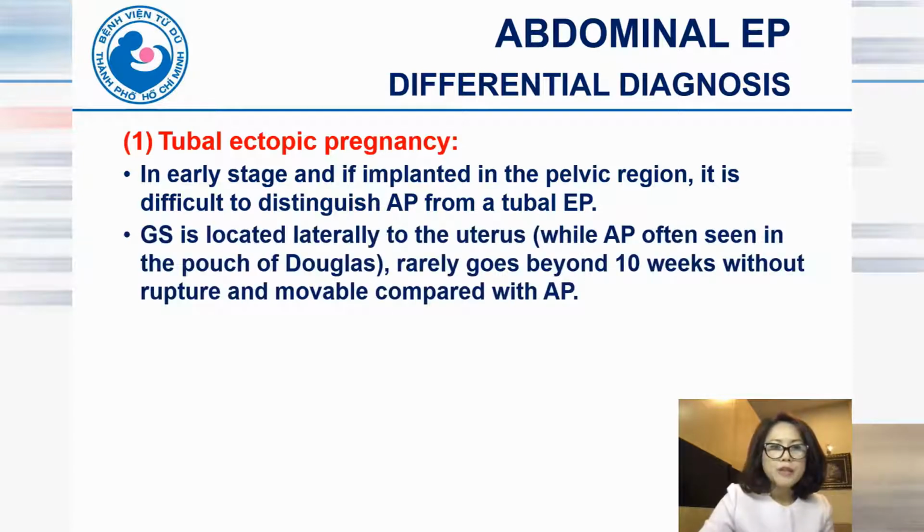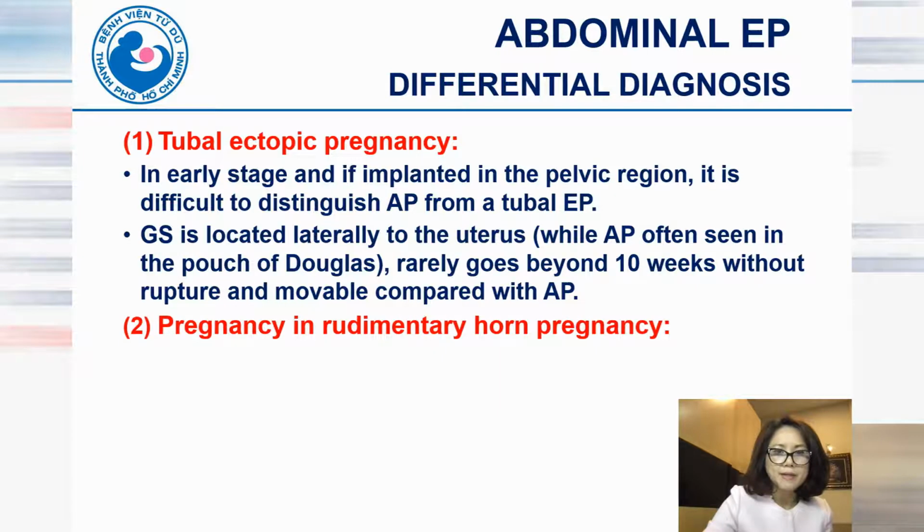For a tubal ectopic pregnancy, we usually see the GS located lateral to the uterus, while in abdominal ectopic pregnancy, the GS is seen in the pouch of Douglas. A tubal ectopic pregnancy rarely goes beyond 10 weeks without rupture, and the GS is movable compared with the abdominal ectopic pregnancy.